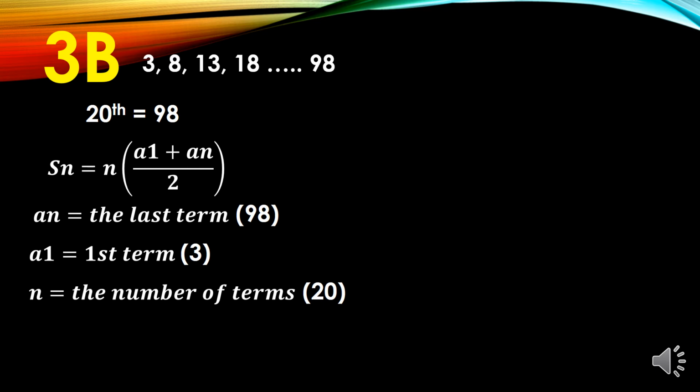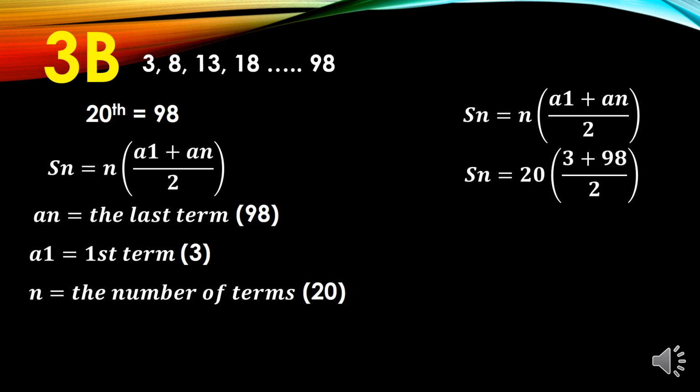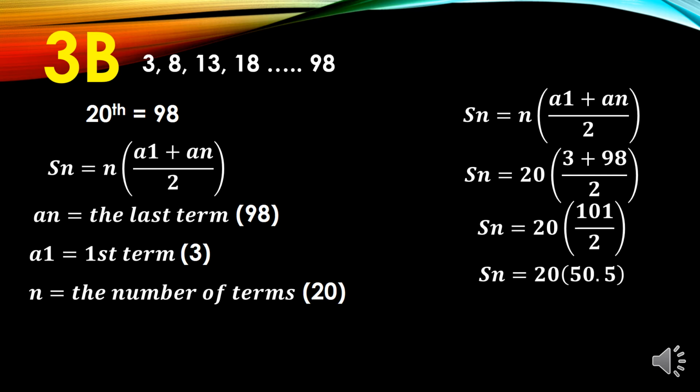Now we will apply the formula. S sub n is equal to n times a sub 1 plus a sub n over 2. Now we will put in the values: n is 20, a sub 1 is 3, a sub n is 98. First we do the inside of the parentheses: 3 plus 98 over 2 gives us 101 over 2, which is 50.5.